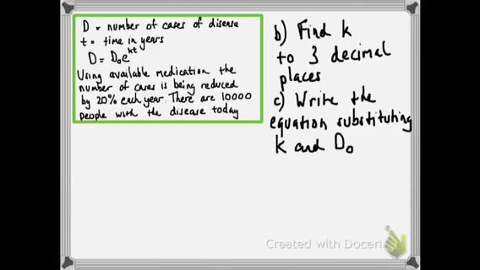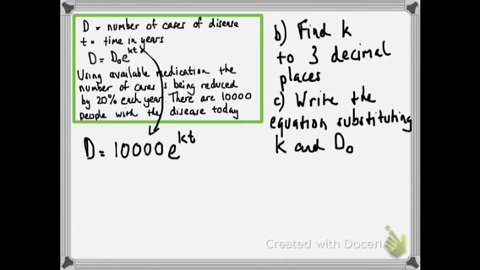We can now rewrite this equation, because we now know that D naught is 10,000. So we can write it as D equals 10,000 e to the power of kt.